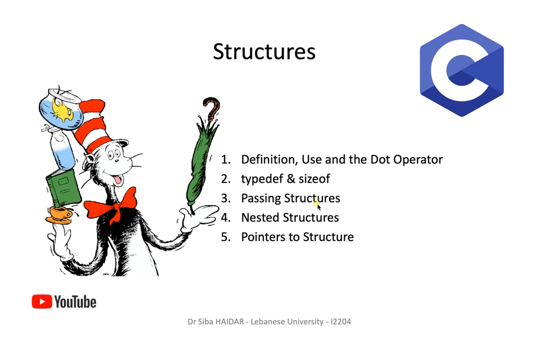We saw nested structures, arrays inside structures, structures inside arrays, structures inside structures, and we finally saw pointers to structures, and more importantly, we introduced the arrow operator. We saw lots of things in this chapter, and this is a very important chapter that is needed to begin with the linked list chapter next time.